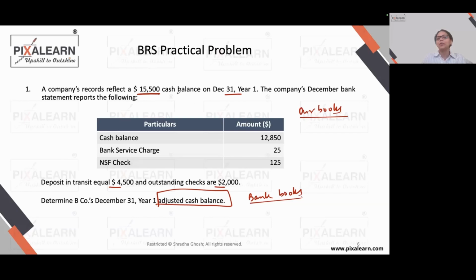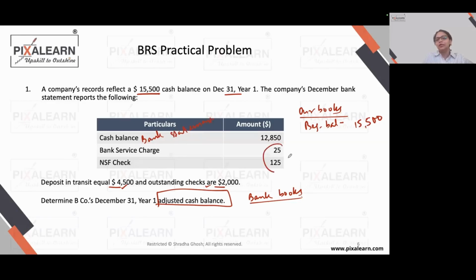So when we look at our books, I start with the beginning balance before the reconciliation, which is 15,500. What are the changes that I'll make here? Anybody? So I have already given effect to outstanding checks and this is the bank balance, the bank statement figure, so I'm not going to take this into consideration.